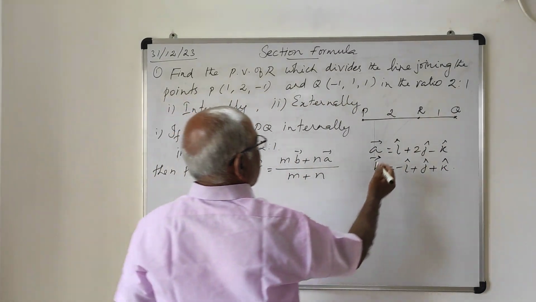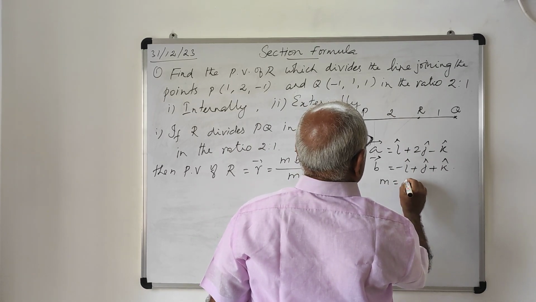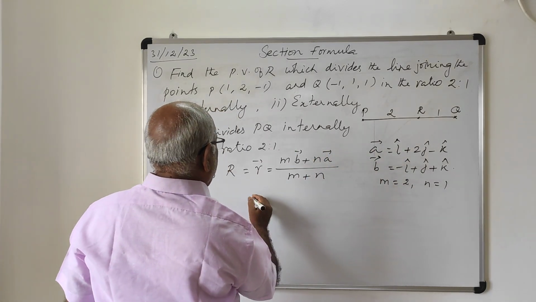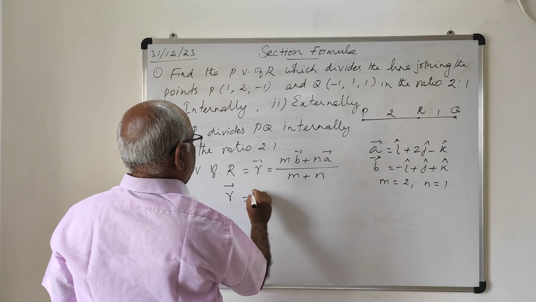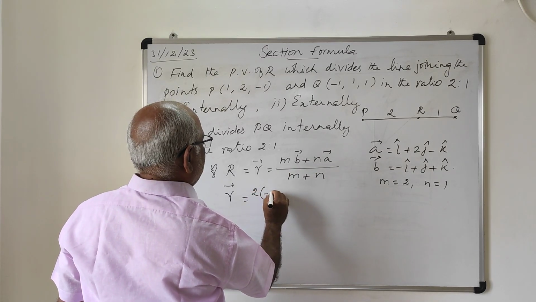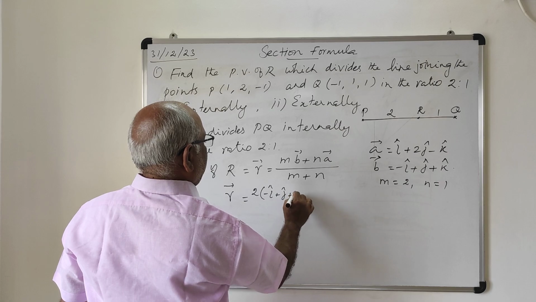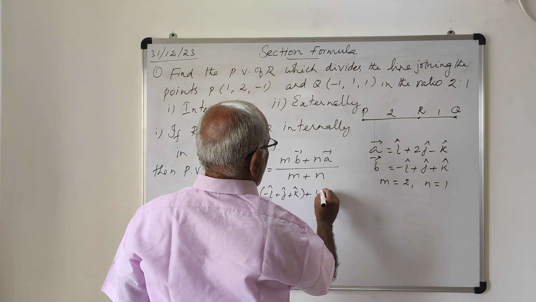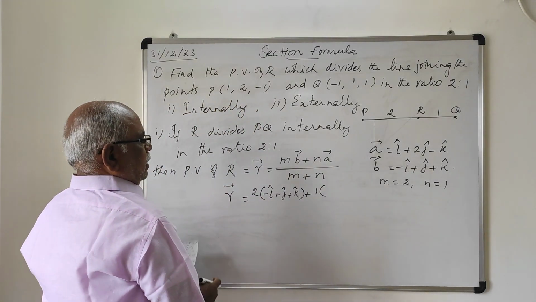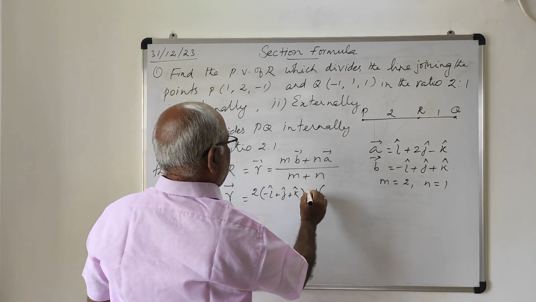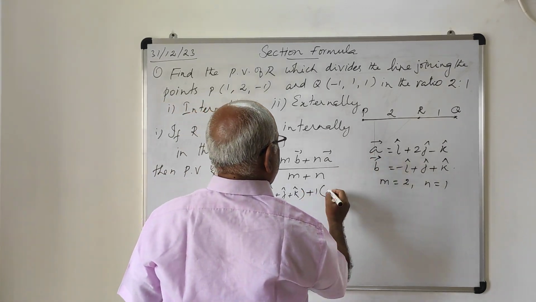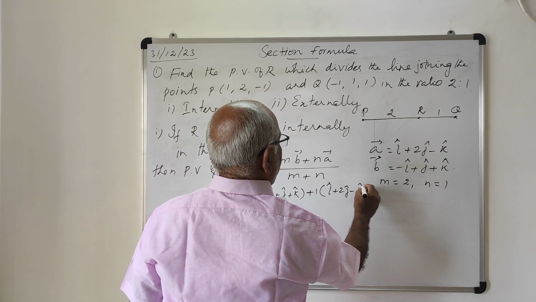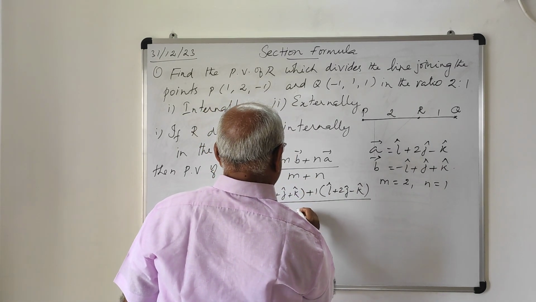Substituting m is 2 and n is 1, the position vector of R equals 2 into B vector, minus i plus j plus k, plus 1 into A vector, i plus 2j minus k, by 2 plus 1.